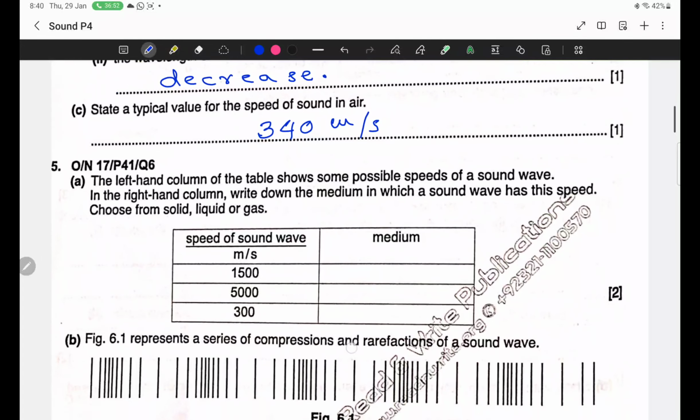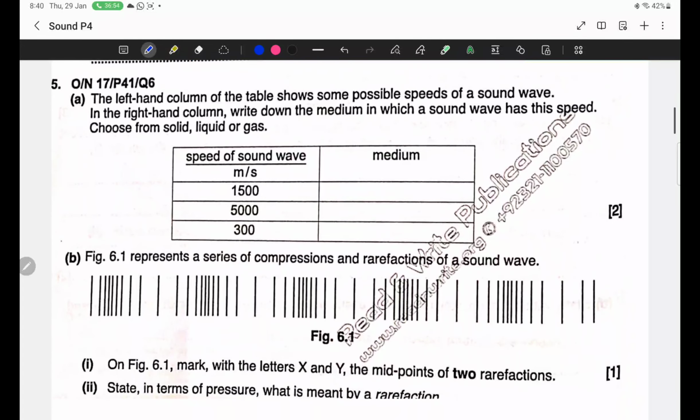Now the next part is very simple. You are given a speed of sound and you have to write the medium. 1500 meters per second is in liquid or in water. 5000 meters per second is in solid. Okay, you have to write solid, liquid, gas.